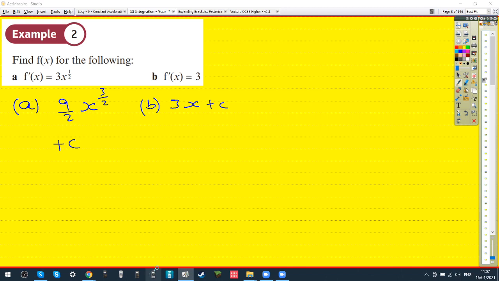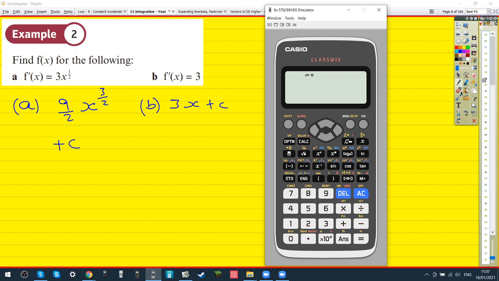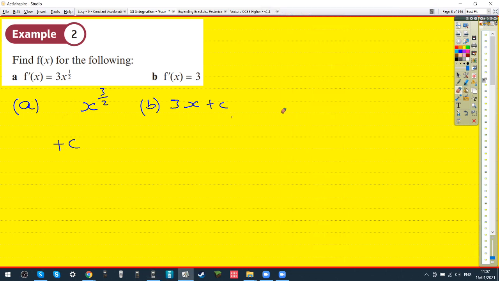So for the first one, it's not 9 over 2. You multiplied it. Oh yeah, I did. Oops. I keep multiplying it. It's divide, isn't it? Mm-hmm. So it's 3 divided by 3 over 2, which is 2. That's it.